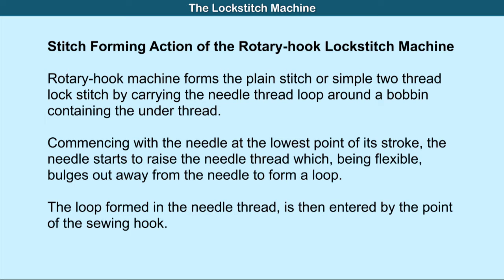Commencing with the needle at the lowest point of its stroke, the needle starts to raise the needle thread, which, being flexible, bulges out away from the needle to form a loop.